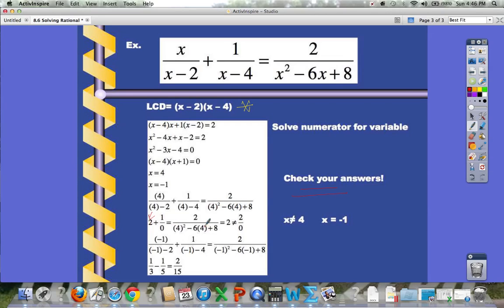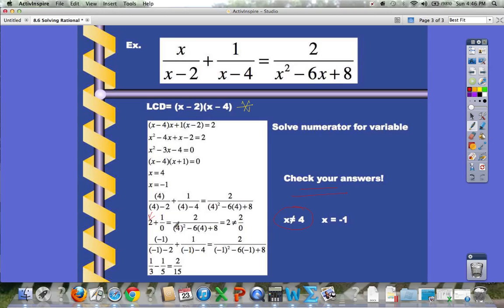That happens to be 16 minus 24 plus 8, and when you put all that into your calculator, that becomes 0. So 2 equals 2 divided by 0, which we know you can't do. No, that is not true, so x equals 4 does not work.